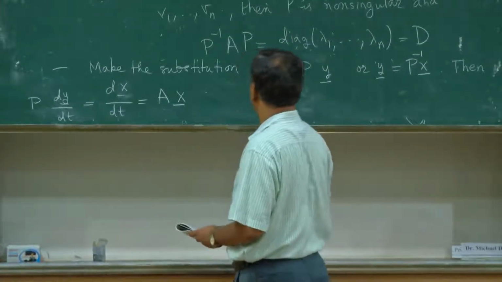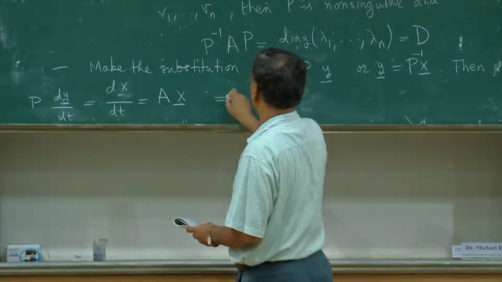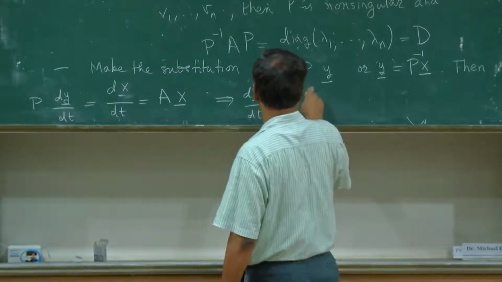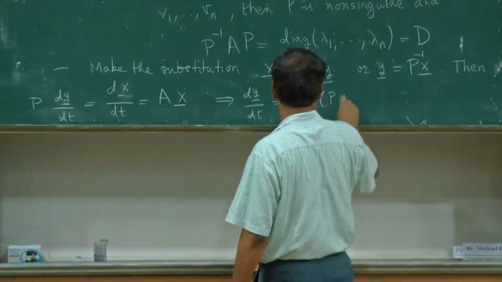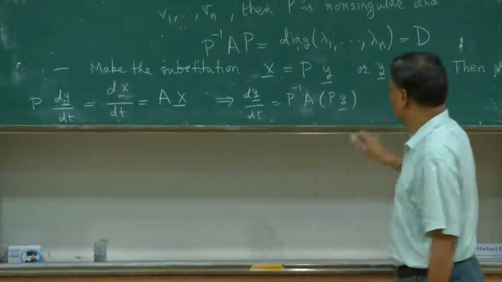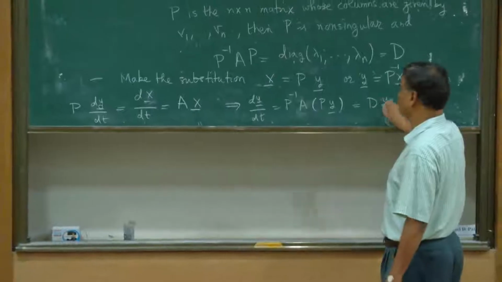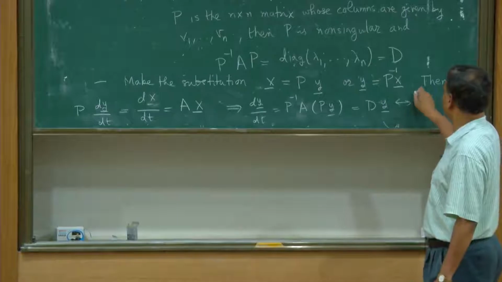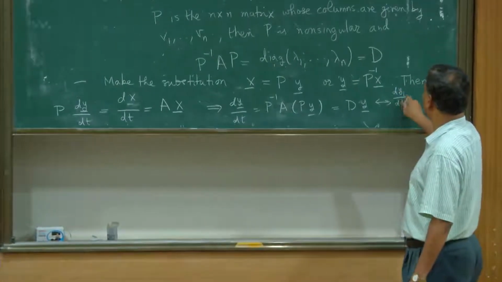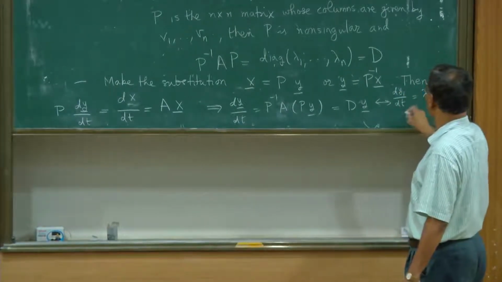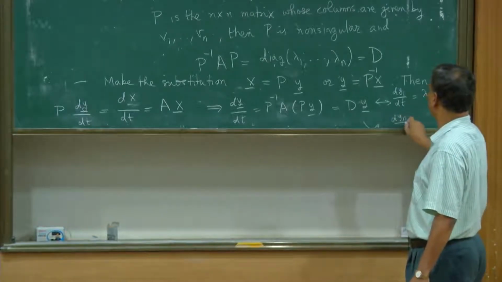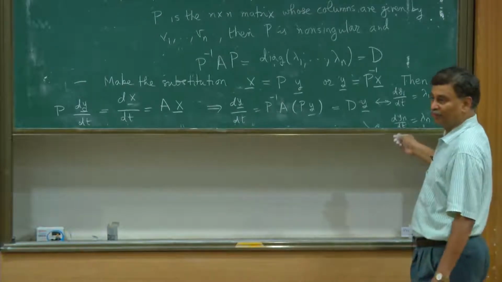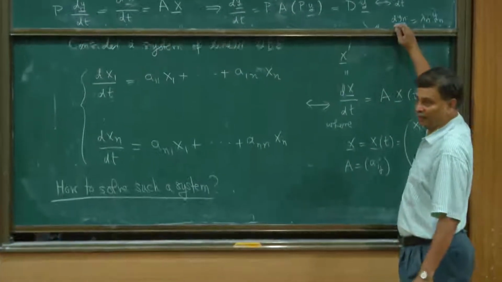I need to substitute again for x. So that would imply that dy by dt is P inverse A, and for x I substitute Py, right? So that becomes, and now this is uncoupled, because this is like dy1 by dt is lambda 1 y1, ..., dyn by dt is lambda n yn, correct? That's what the relation is.